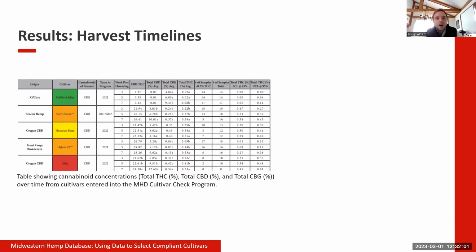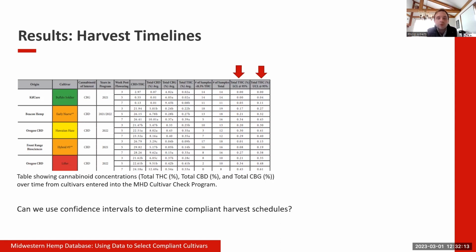So what do we do across both years of data collection from the Cultivar Check program over 21 and 22? We have decided to create harvest timelines, because this really answers the question of, can we use confidence intervals for cannabinoid development to develop a harvest timeline for a genetic? And so at each different time point, week 3, week 5, and week 7, across all samples, so in this case we had 14, this is the total THC lower confidence level and the upper confidence level at 95%.